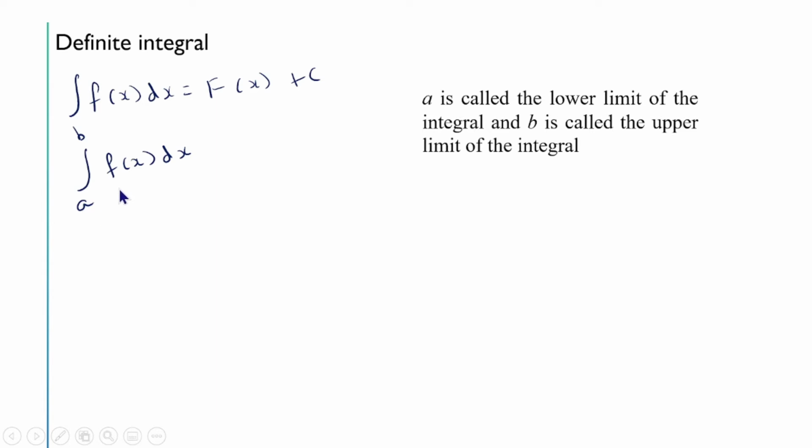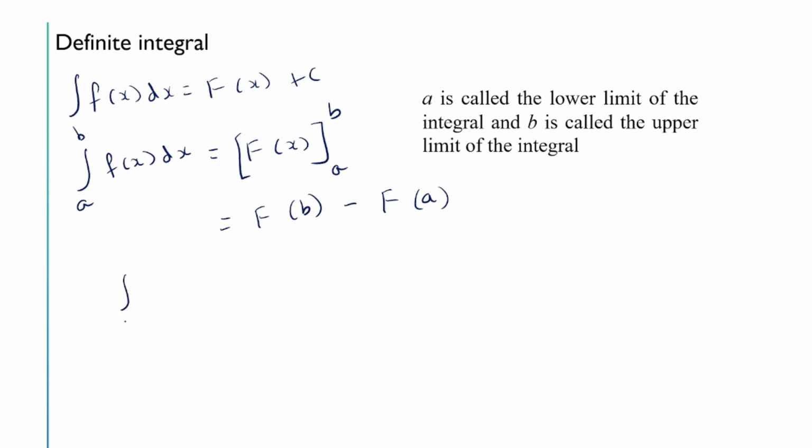This integral a to b f of x dx is calculated as follows: we have to find the integral and then apply the limits. That is equal to capital F of x from a to b, or it is equal to capital F of b minus capital F of a. This is how we have to calculate the definite integral a to b f of x dx. Now let us see an example.